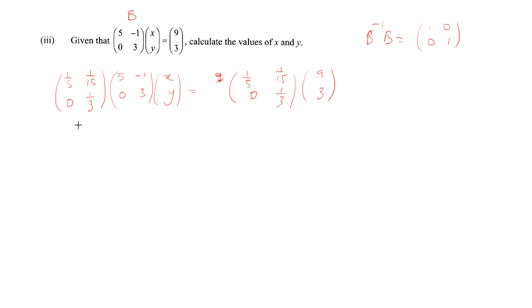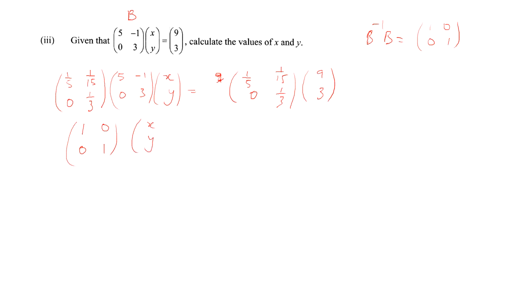Now I could multiply it out here. 1/5 multiplied by 5 will give me 1, and 1/15 by 0 is 0. Then I take 1/5 and multiply by minus 1, so I get minus 1/5, and then 1/15 by 3 will give me 1/5. So this will be 0. So what I will end up with is the identity matrix.